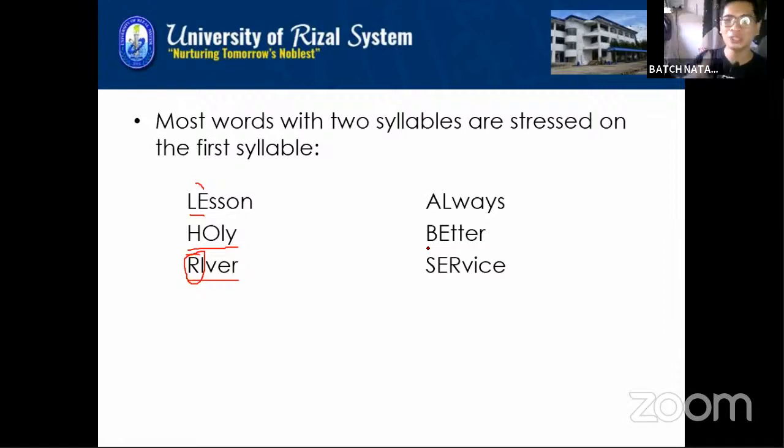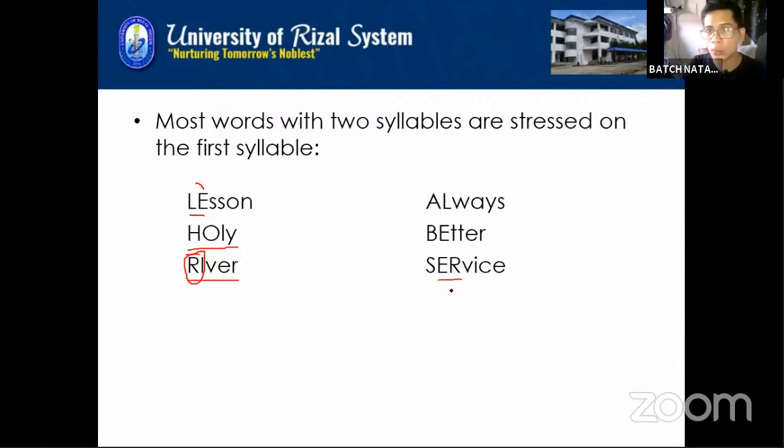So better, good, better, best. Next is service. We put the stress on the first syllable.